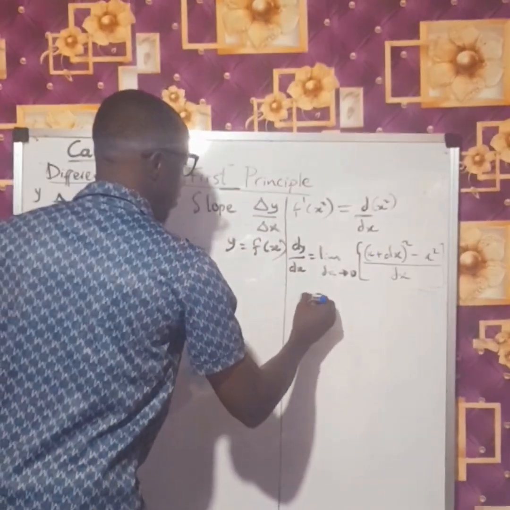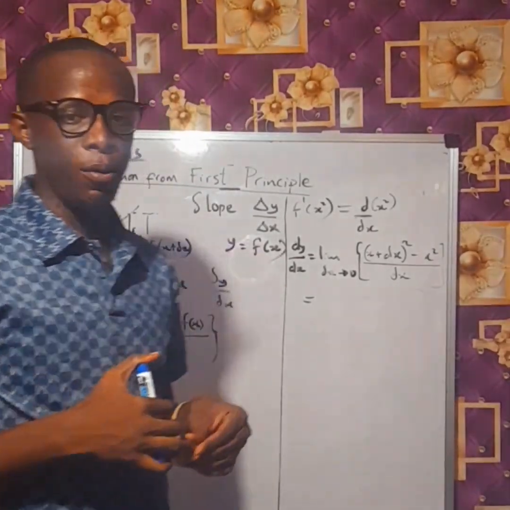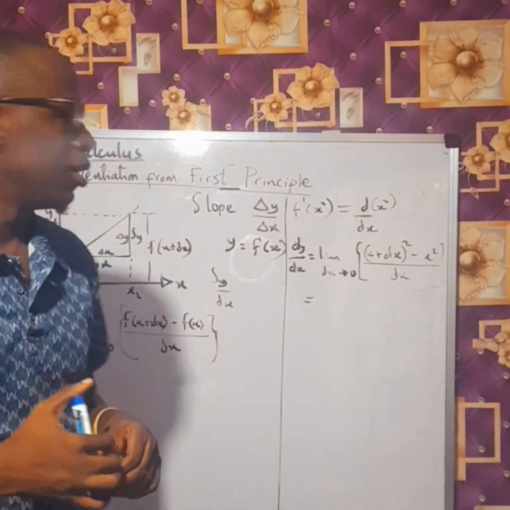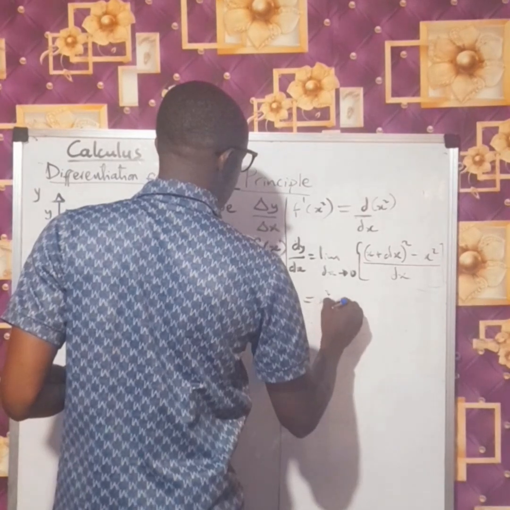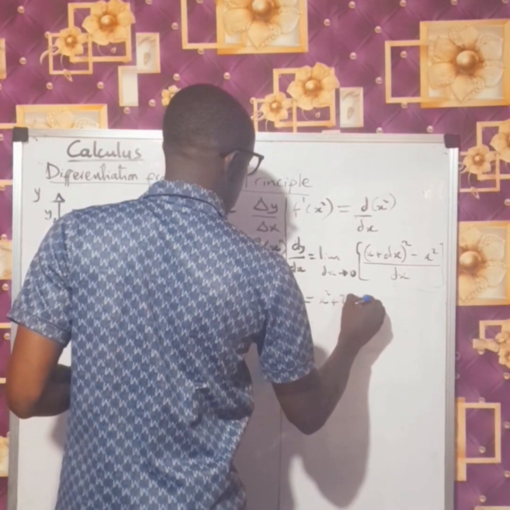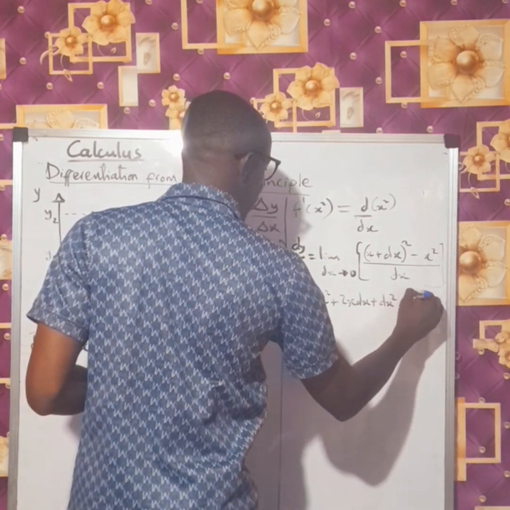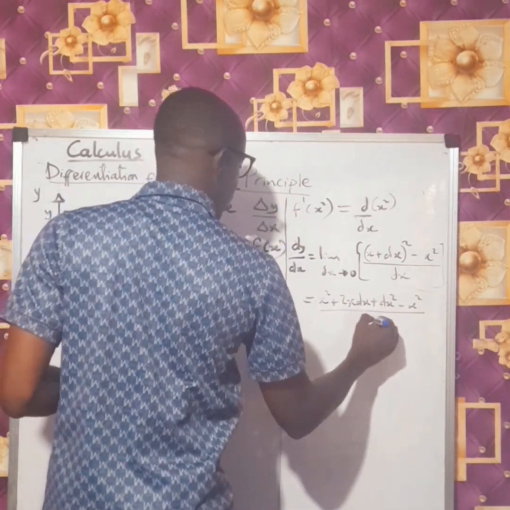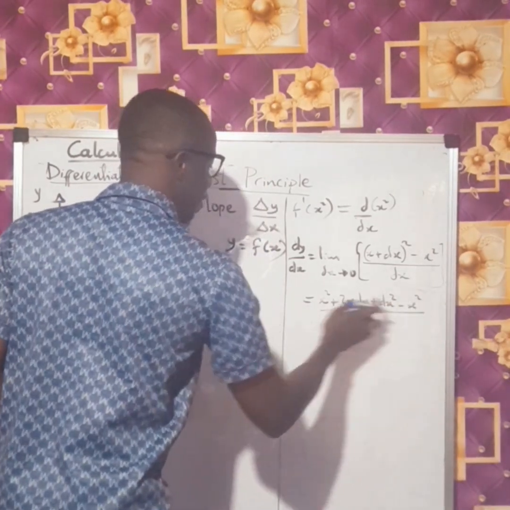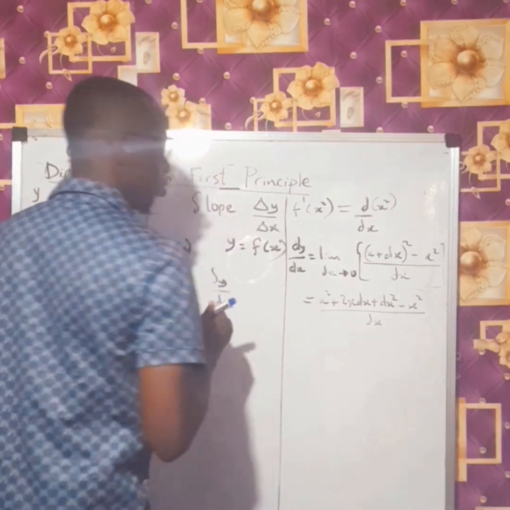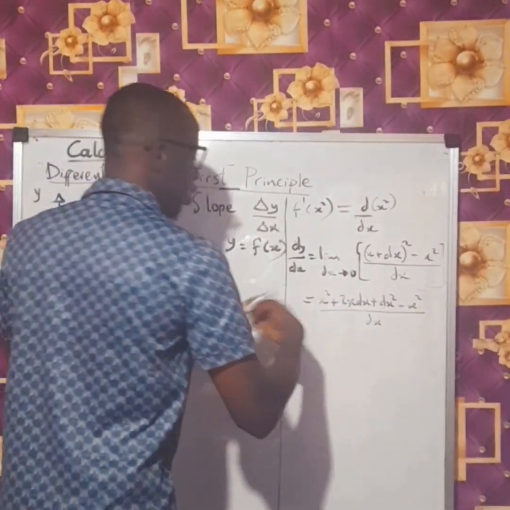Now the next thing, I need to expand this. From our basic mathematics, factorization, we were taught how to expand. So what we do here, I have x squared plus 2x dx plus dx squared minus x squared all over dx. Now you can see that we have something here that looks alike. They are going to subtract themselves because this is x squared and this is x squared. x squared minus x squared is gone.